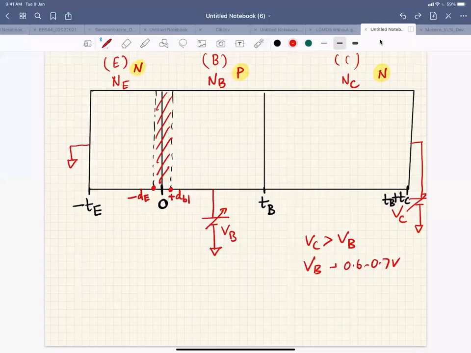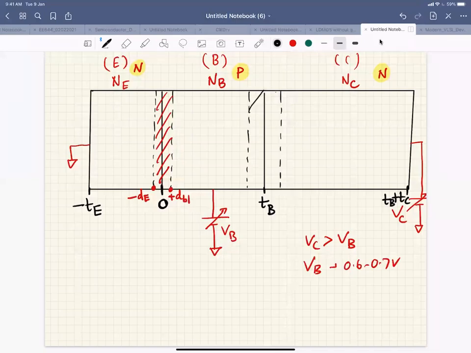Similarly, I'll have a depletion region here too, which is thicker, because when you reverse bias a junction, your depletion width increases. So your collector base junction depletion width will be more than the emitter base junction depletion width.